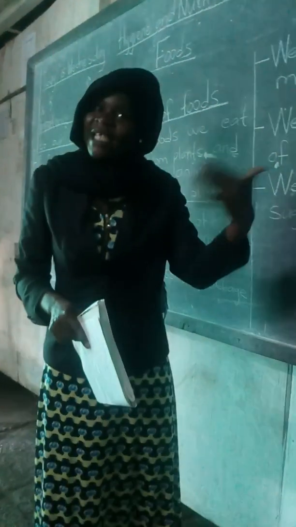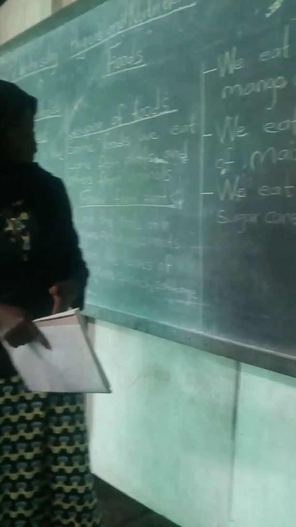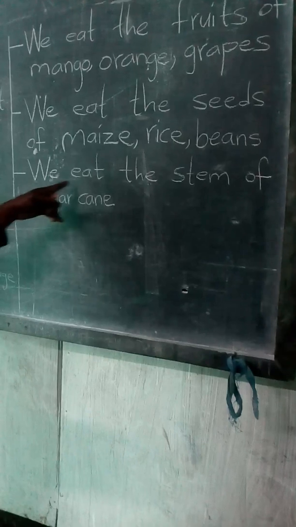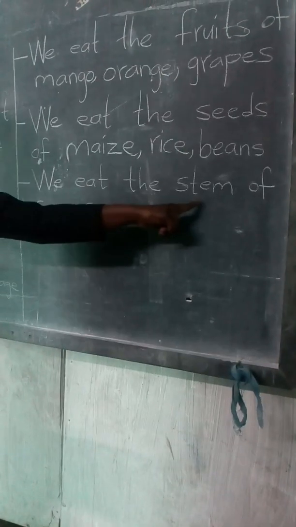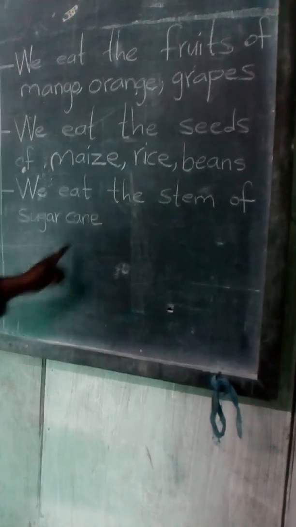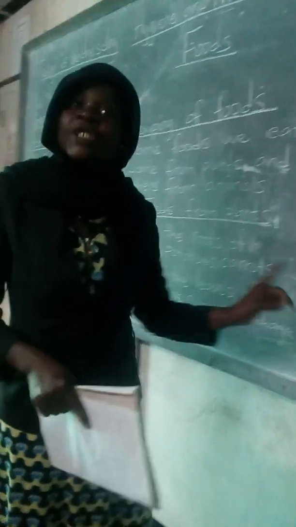So think of other seeds that we eat. And lastly, we eat the stem of sugarcane. So these are the parts of the plants that we eat.